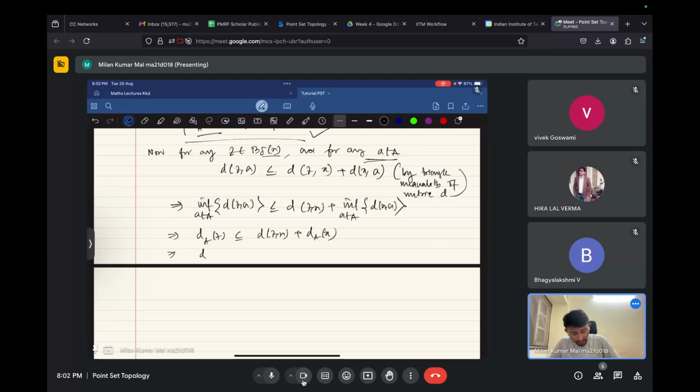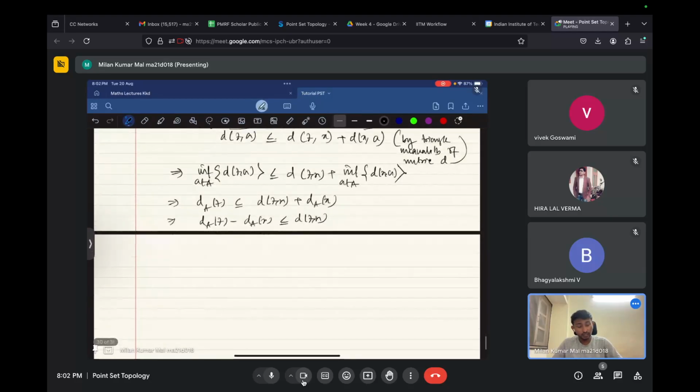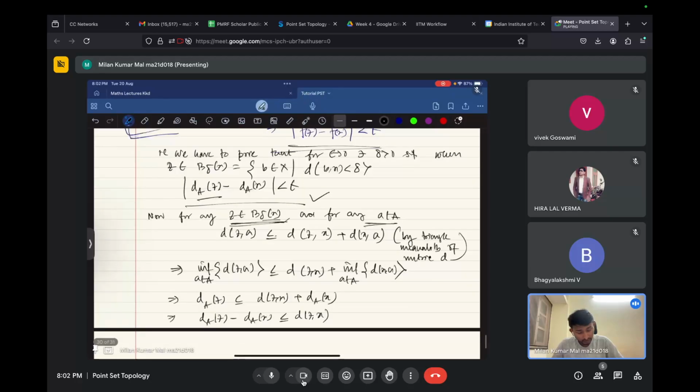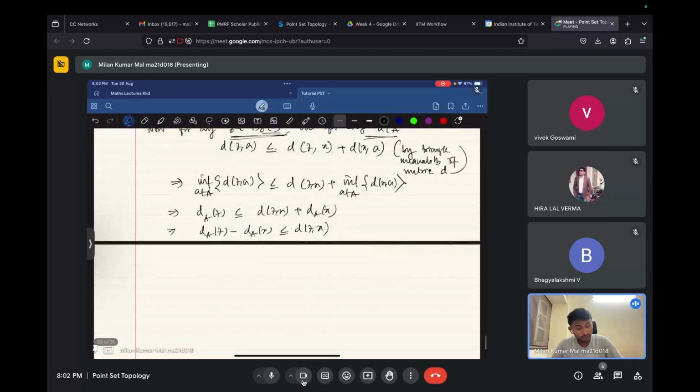That means d_A(z) minus d_A(x) is less than or equal to d(z,x), but z is coming from the B delta of x. As z is coming from B delta of x, this distance must be less than delta.